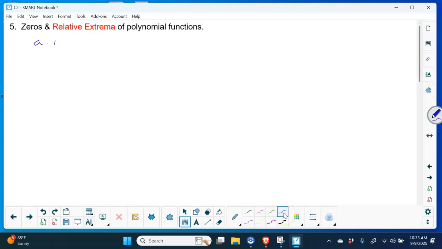A. If p of x, some polynomial function, equals 0, and x equals c, I'm sorry, my bad, I'm going to put that in red. All right, so we've got a polynomial function. The function is set equal to 0, and the x value is c. Then x equals c is a solution.